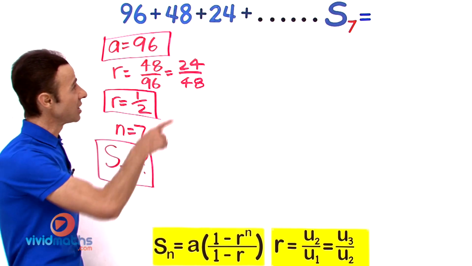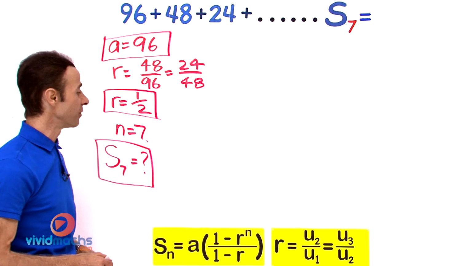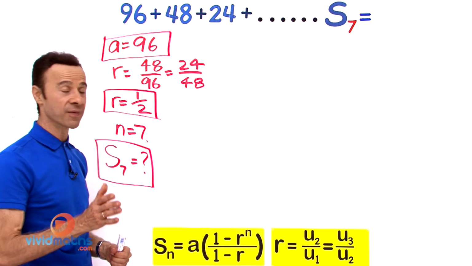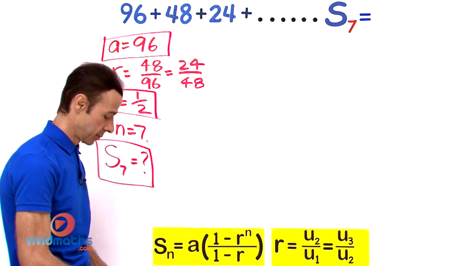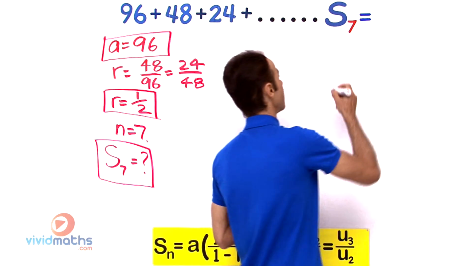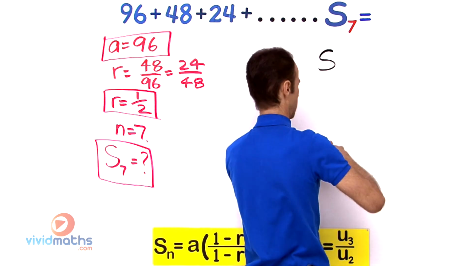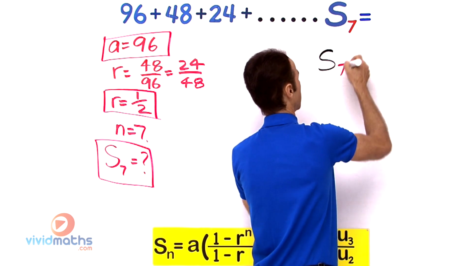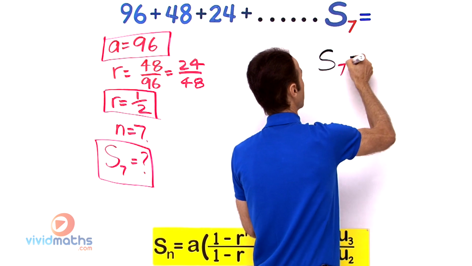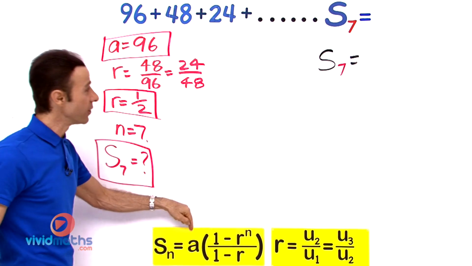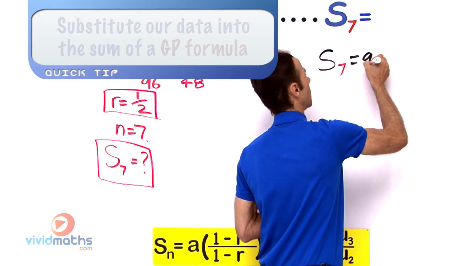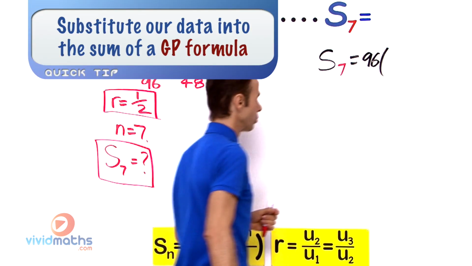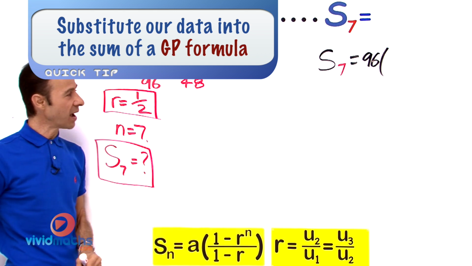Okay, let's start to plunk in those numbers so we can find what the sum of 7 terms is. So, sum to 7 equals, what do we have? Well, we have a, the first value, and that's going to be 96, and we have 1 minus r to the n.